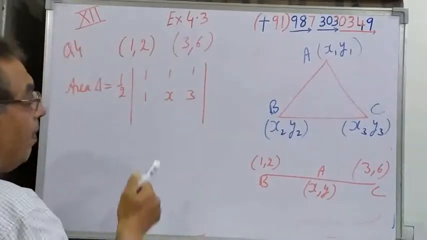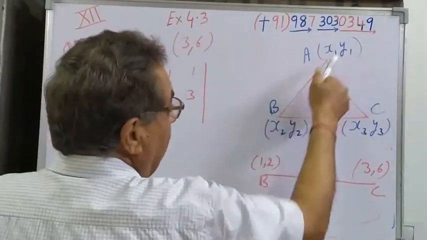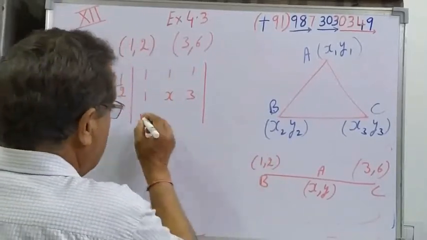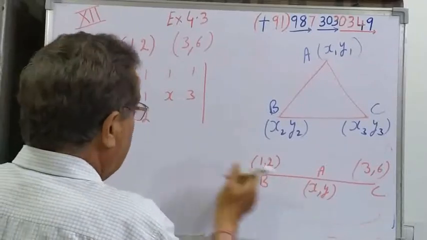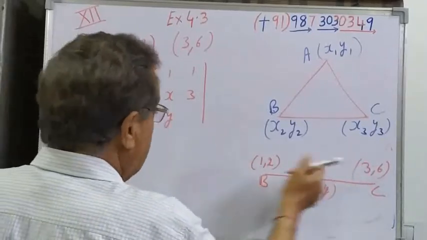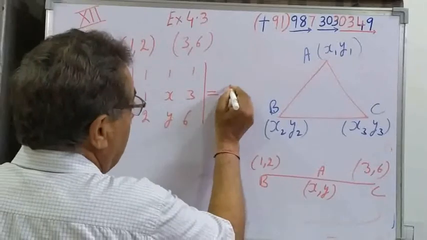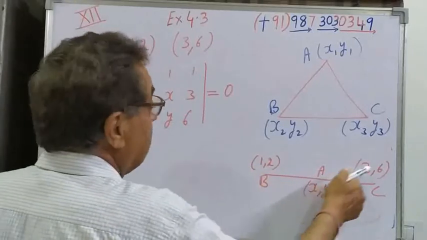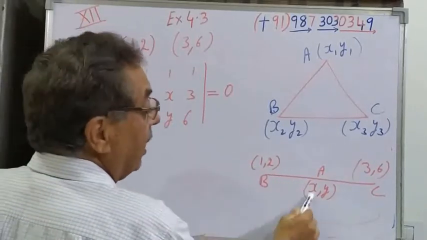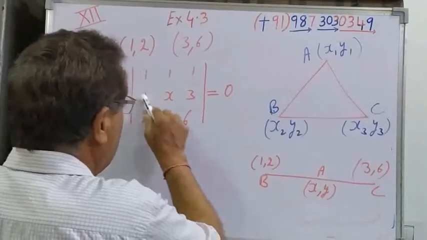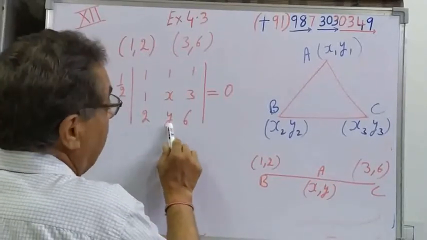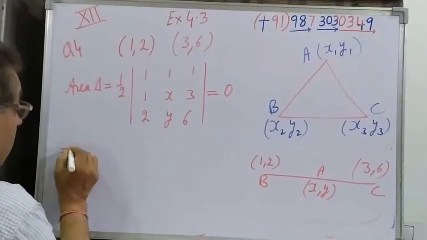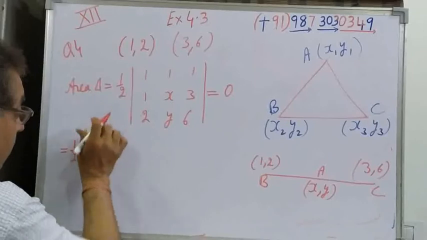This whole is equal to 0 because these 3 points are collinear. Now simplify it.